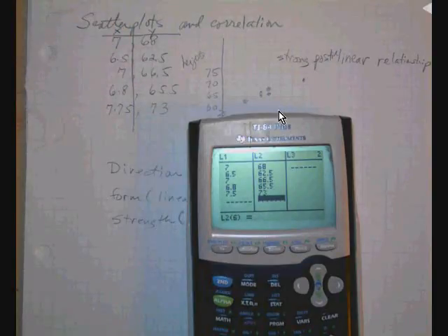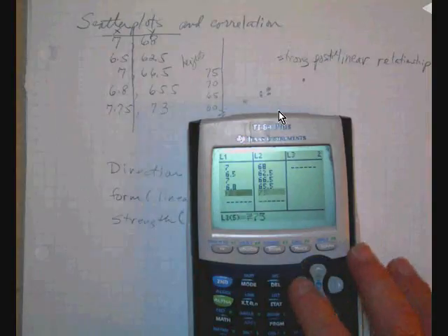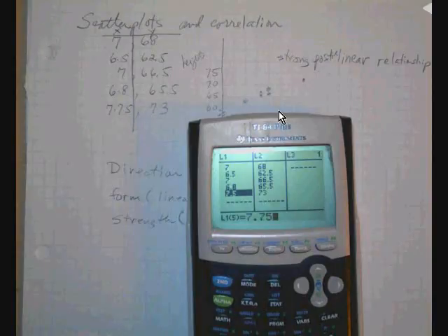Those 2 lists have to be the same length. Yes, sir. What should it have been? 7.75. Thank you. Got it. Much better. Thank you.